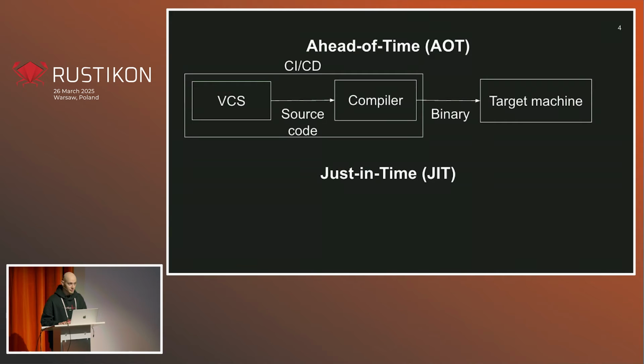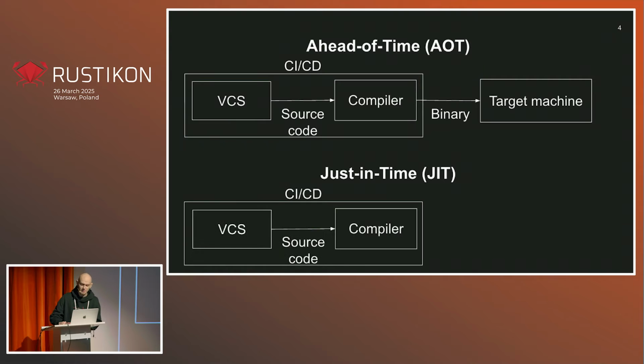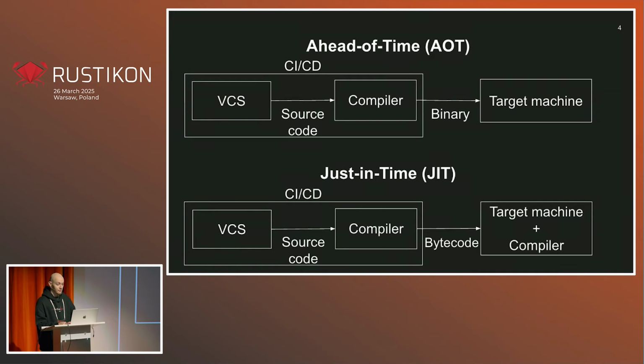It's not usual for Rust, but it's possible. The same CI/CD pipeline, the same source code, compiler, and as a result, instead of machine code, we have some kind of bytecode. This bytecode is deployed to a target machine, and there it is executed, usually by a VM or just-in-time compiler, and compiled just-in-time during the execution.